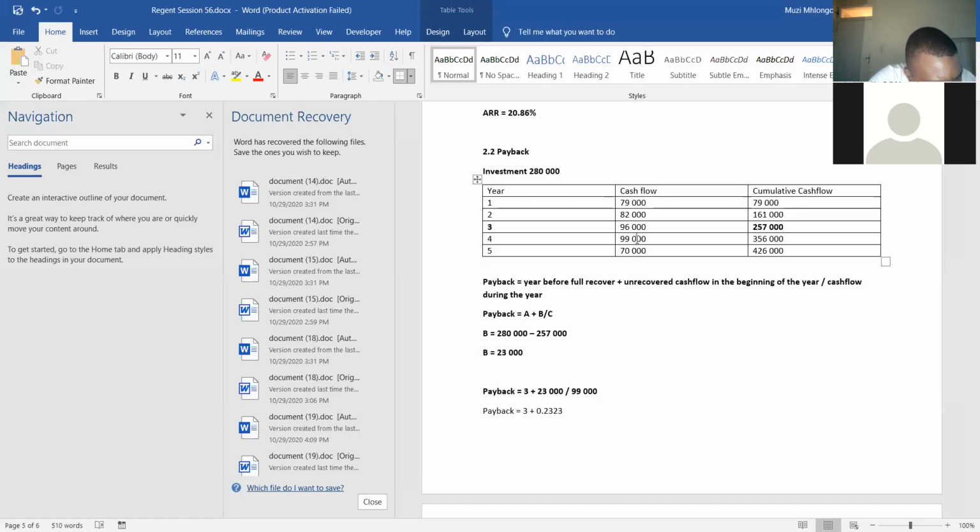Cash flow is equal to net profit plus depreciation. In year one, you will say 40,000, which is the net profit, plus 25,000. Year two, 5,000 plus 25,000, and so on and so forth.